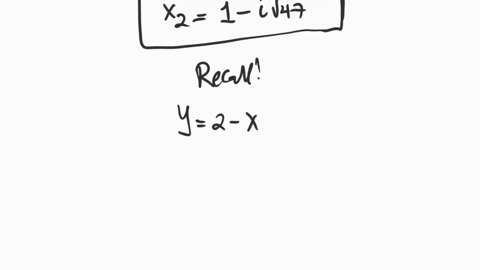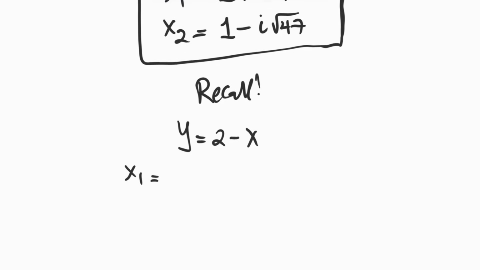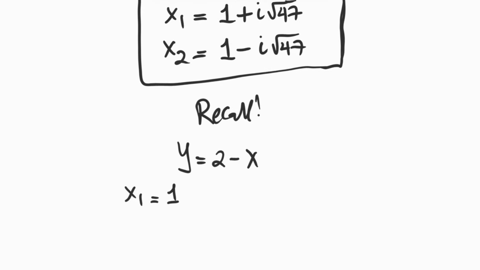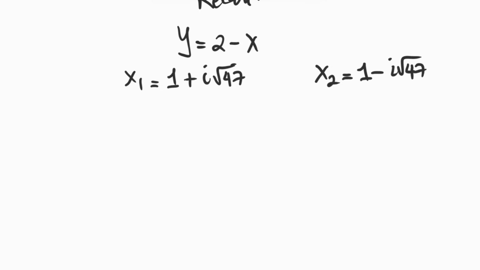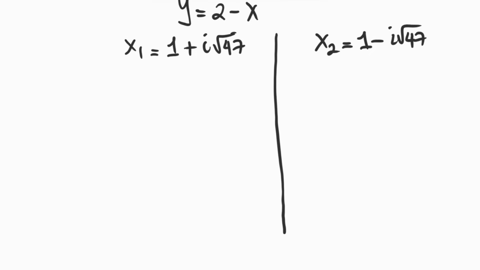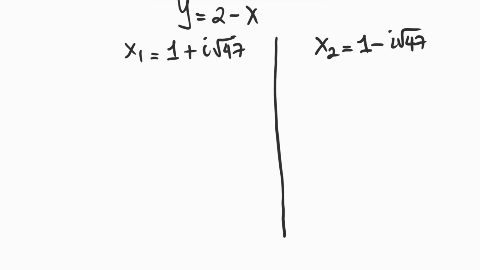So x1 is equal to 1 plus i root 47, and x2 is equal to 1 minus i root 47. So now let's find our y1 and y2. So now y1 is equal to 2 minus (1 plus i root 47).